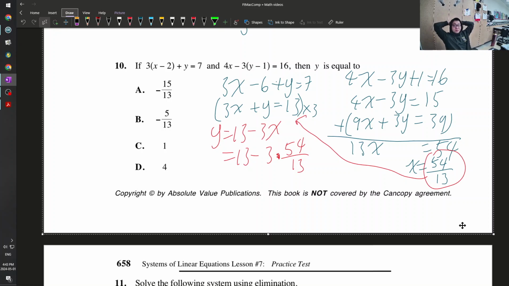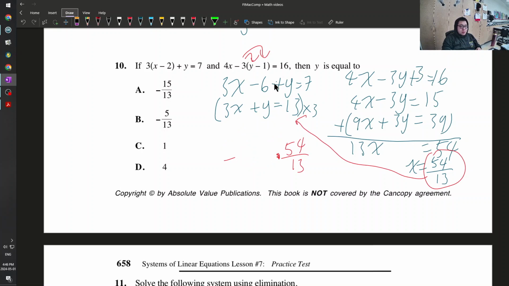Wow, I did something wrong. Let me double check where I made the mistake. Alright, I found a mistake. I multiplied this part wrong. Negative 3 times negative 1 is equal to positive 3, not positive 1.